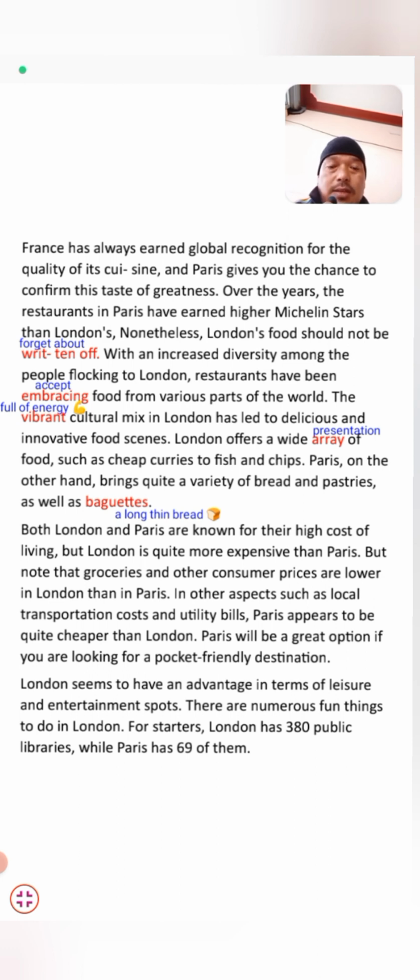For starters, London has 380 public libraries, while Paris has only 69 of them.